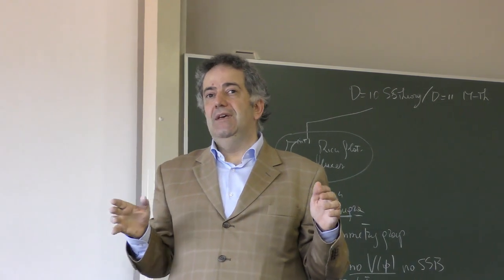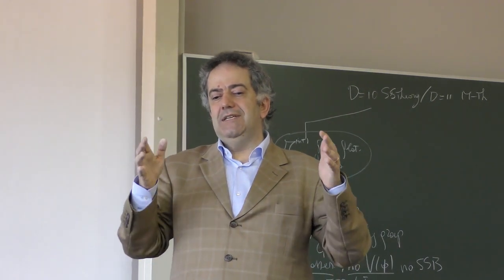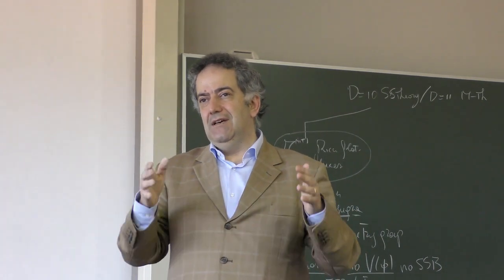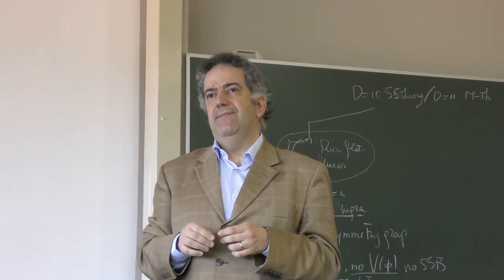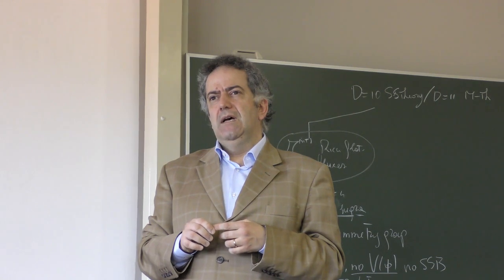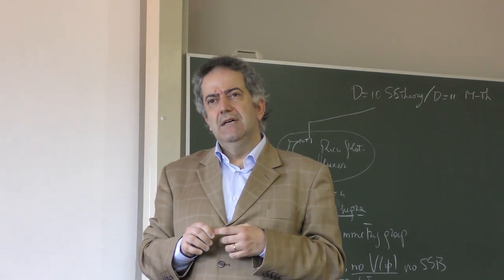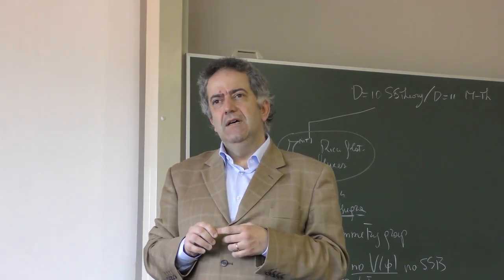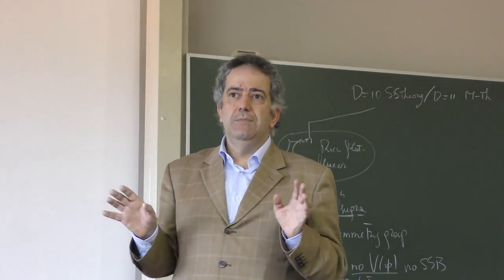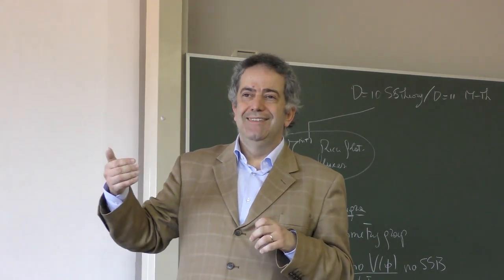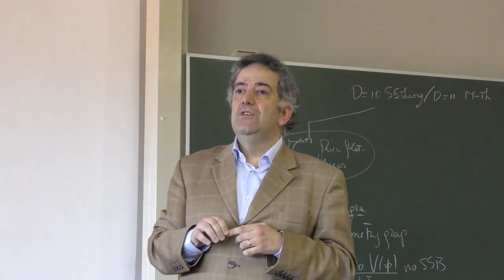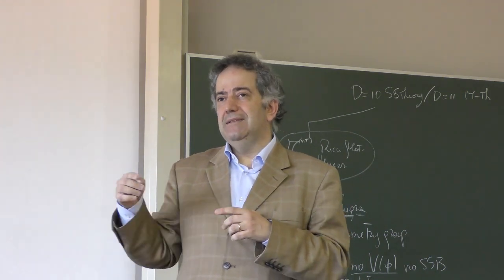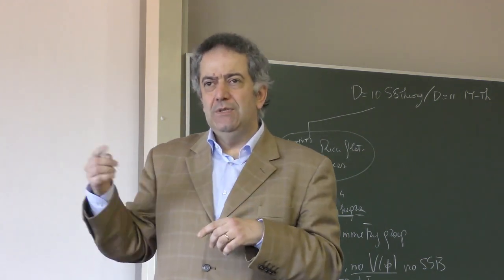This amounts basically to setting all the fields not to depend on the internal coordinates. But aren't you missing the winding modes then? You are, but you are missing also the Kaluza-Klein modes. But you still have the zero Kaluza-Klein mode, and that would map into the zero winding mode.